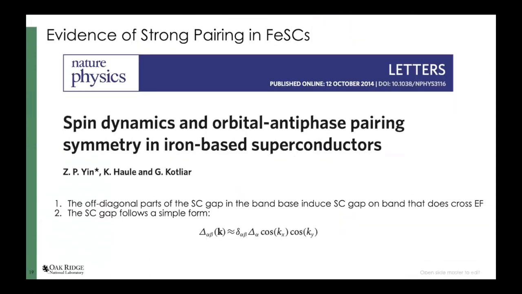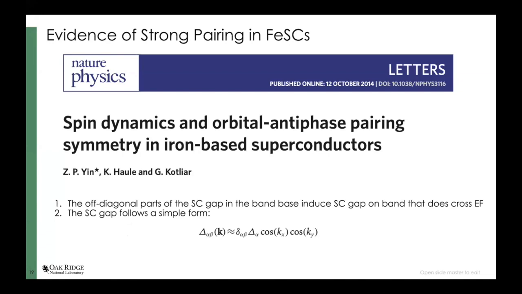Then we noticed this very interesting paper, published at a similar time, where Jiangping, Christian, and Gabi studied systematically the pairing mechanism in iron-based superconductors. Aside from the orbital antiphase pairing, there are 2 pieces of information that we find very interesting. One is they comment that because of the off-diagonal part of the superconducting gap, they do expect a superconducting gap on a band that does not cross EF, which is identical to what we discovered experimentally.